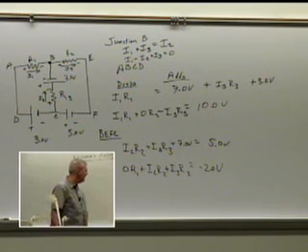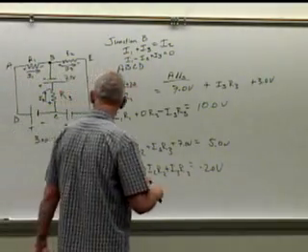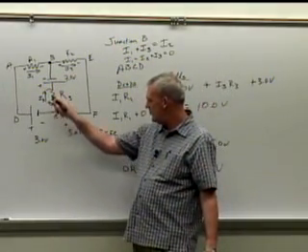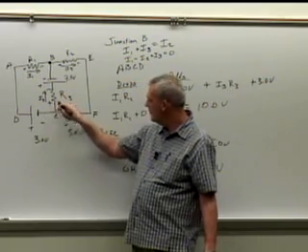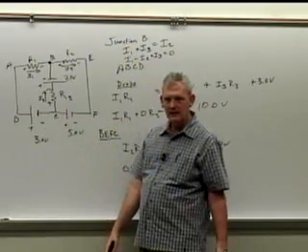C. Yeah. And at C, if we happen to pick junction C, this is what we'd get. We've got I3 going away, I2 coming in, and I1 going away.